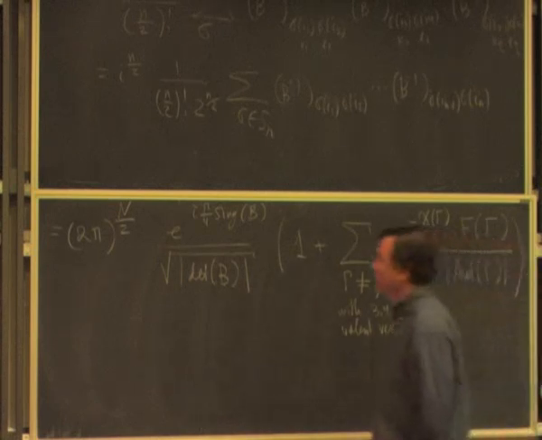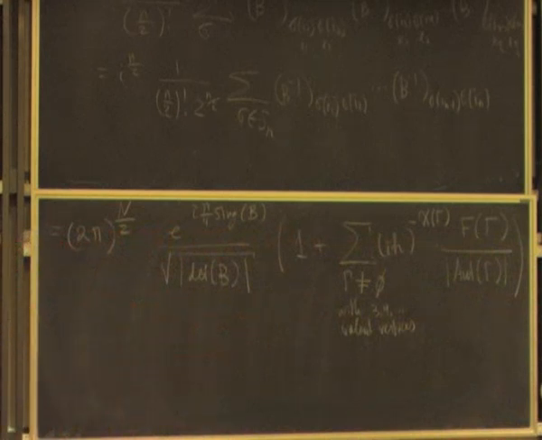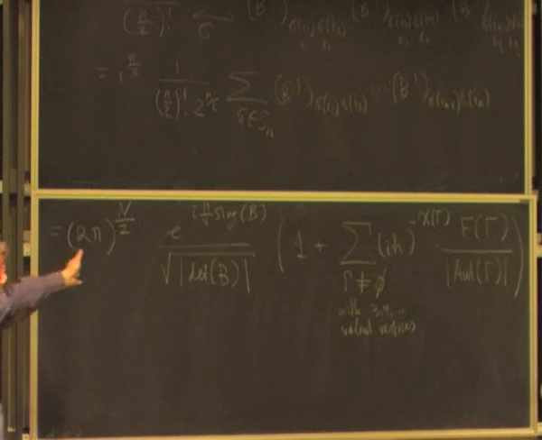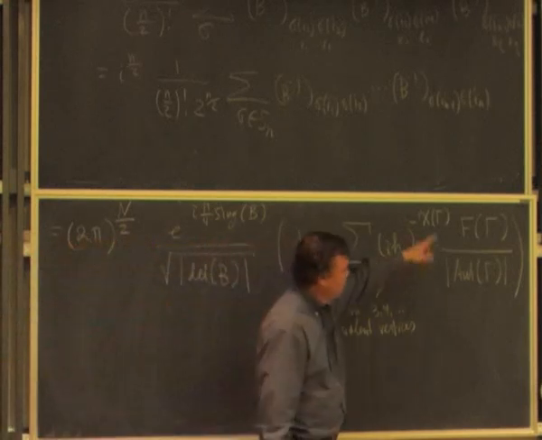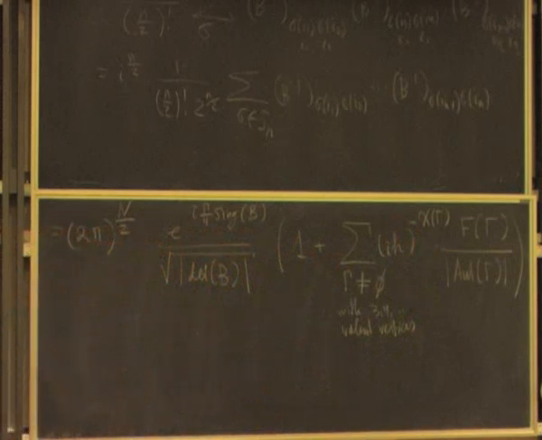So this is the expansion of this formal integral, and these graphs are called Feynman diagrams. So that's the theorem.